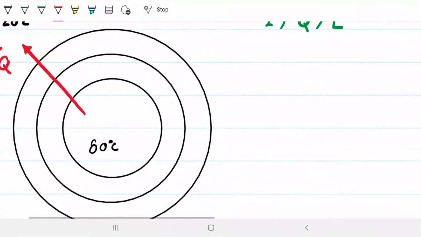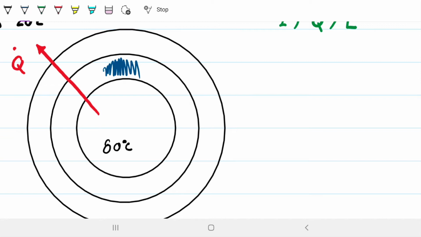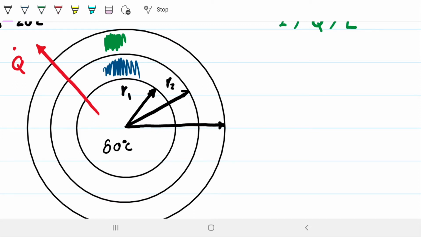Now I have the hot water in here, and then afterwards I have my steel pipe, and then I have the asbestos, the lagging, right here. I'm going to have, therefore, three radii, which are going to be defining this problem. I'm going to call them R1, R2, and R3.